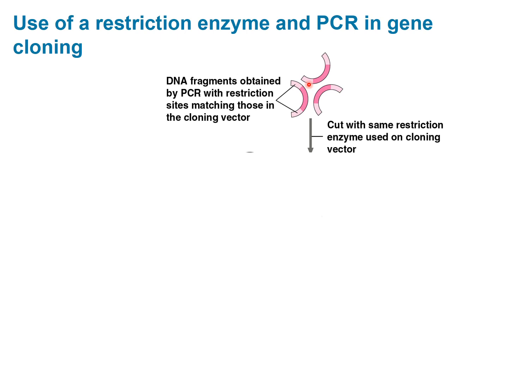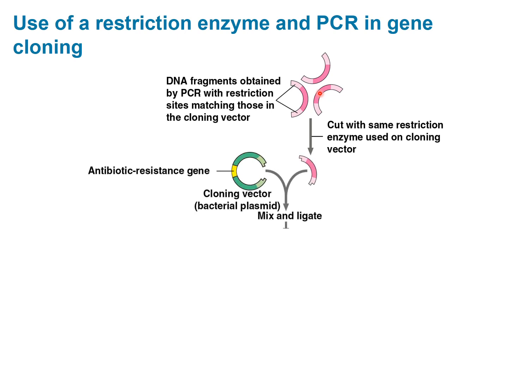So these lighter regions are where the restriction sites are. Now you want to cut the PCR product with the same restriction enzymes that you used to open up the cloning vector. Okay, so you design it so that you use the same enzymes. You can choose whatever DNA sequence or restriction sites that you add onto your primers when you make the primers, and then you're going to use the restriction enzymes.